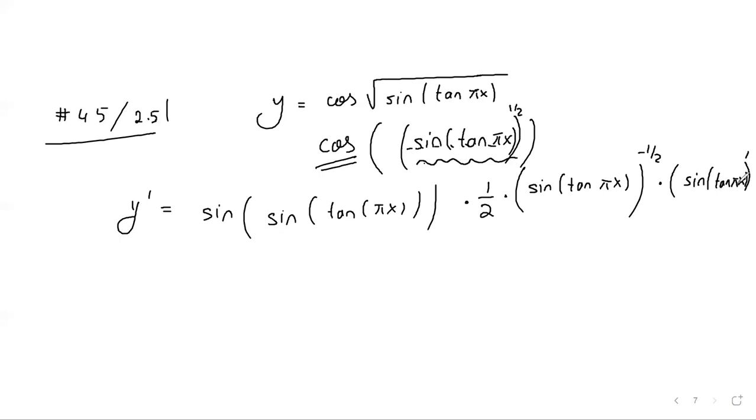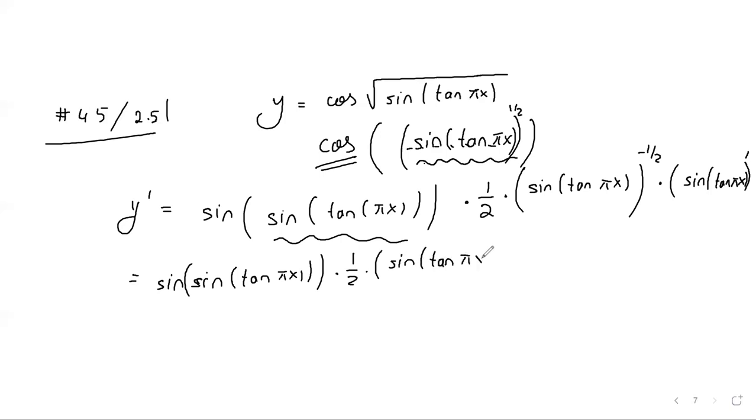And look at that, even that is not finished. I'm just copying the first two: sine of tangent of pi x times 1/2 times sine of tangent of pi x to the negative 1/2 times, and then sine of tangent of pi x primed is itself another chain rule.